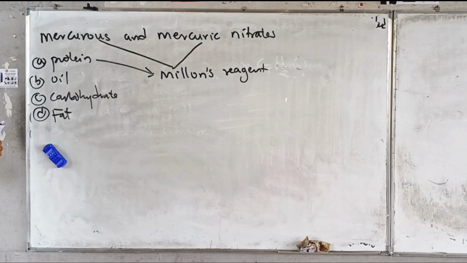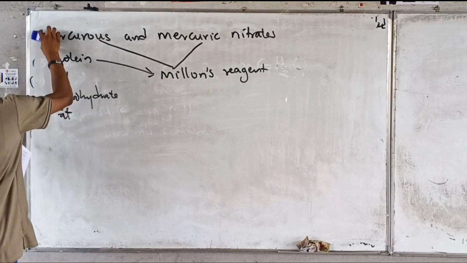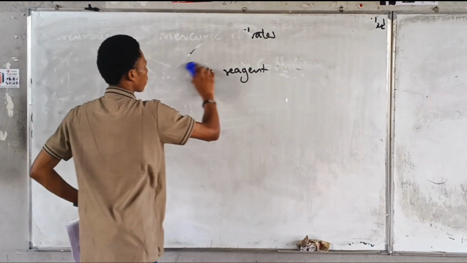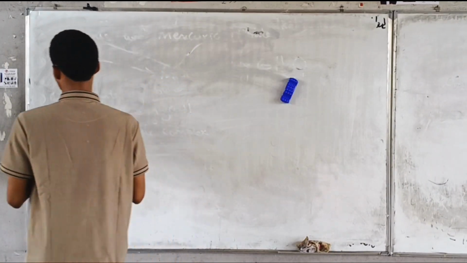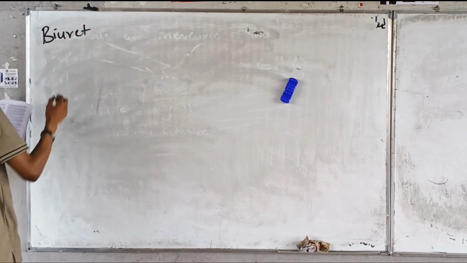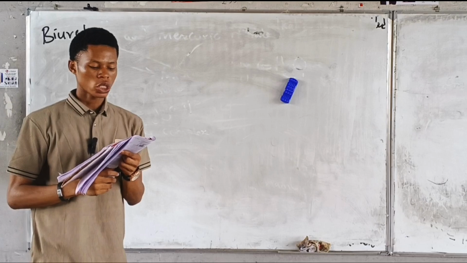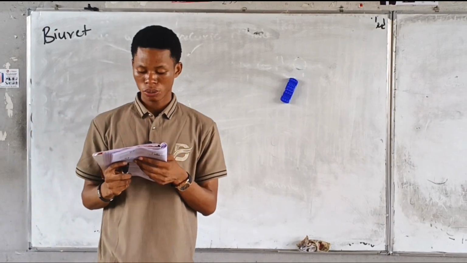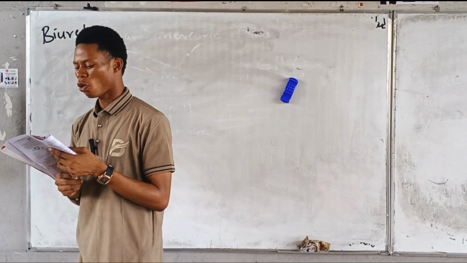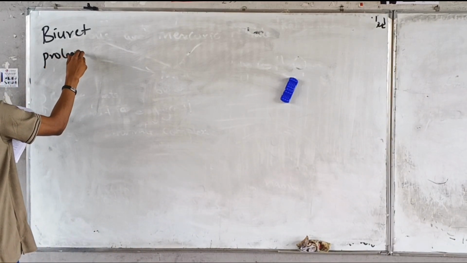Next question. In a Biuret test, do you call it Biuret or Biuret? See what I'm talking about here. In a Biuret test, some protein was mixed with sodium hydroxide solution. Which of the following chemicals should be added to the mixture for a positive result?